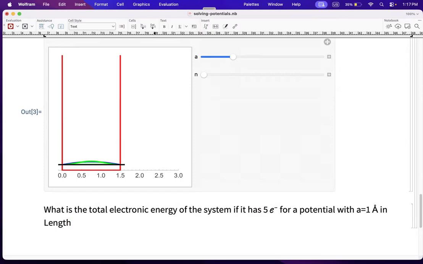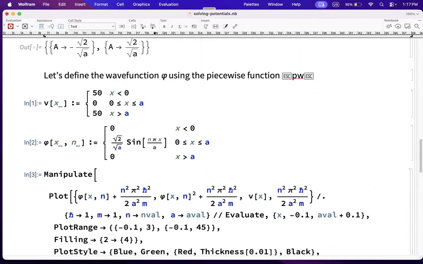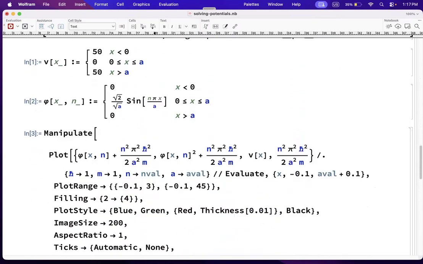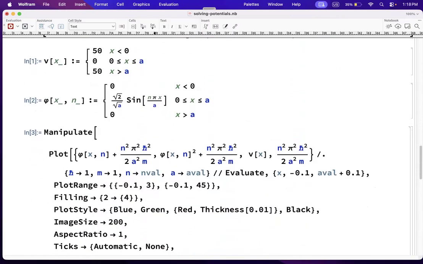Okay, so we know that E sub n is equal to, remember this, pi squared h bar squared n squared divided by 2 m a squared. Right?